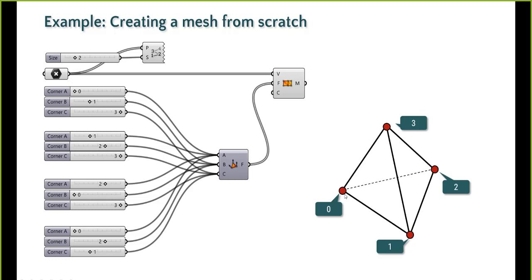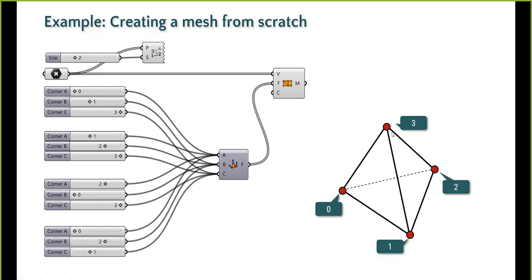So if you connect 0, 1, 3, it's going to make this front face right here. Right? Now the next one is 1, 2, 3. So you have 1, 2, 3. It's going to connect this side. Then you have 2, 0, 3, which is going to connect the back side, facing away from us, right?